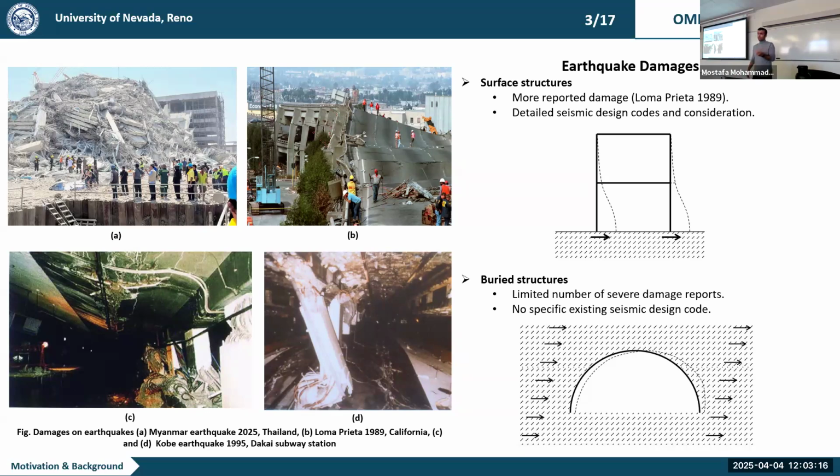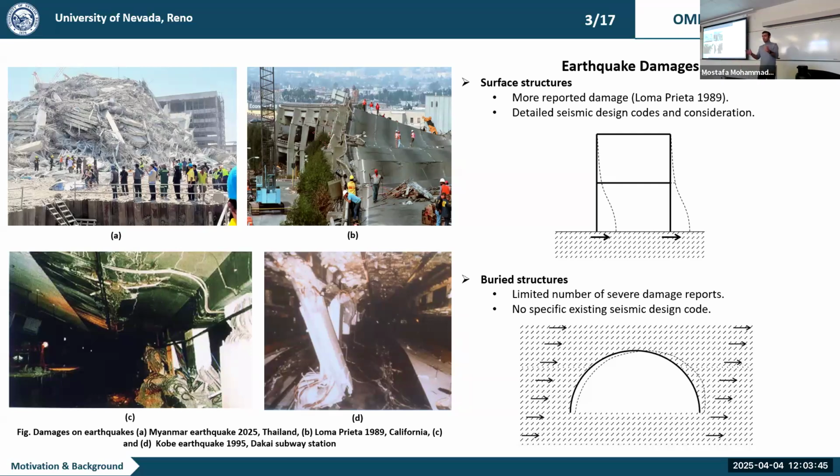That comes from the intrinsic behavior, the difference between surface structures and buried structures. For example, when we have surface structures, they stay on top of footings, and the only way that the load gets transferred to the structure is by moving the ground. The structure would have inertia. Inertia will, at first, resist the movement, and after that, it will move. And those residual movements are the things that apply the seismic demands.